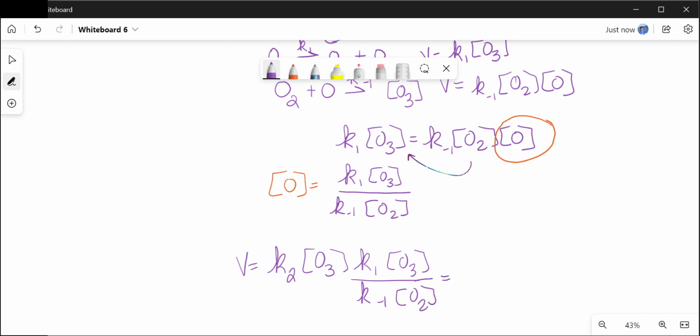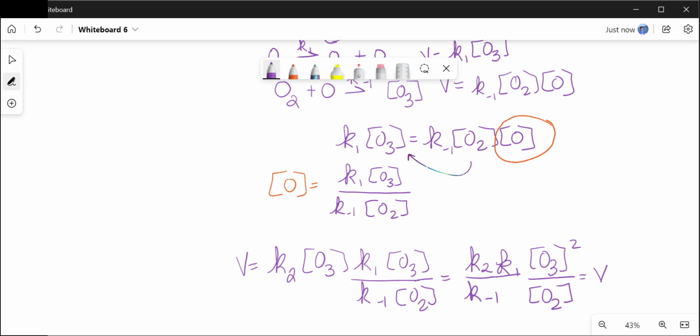Let's do a little combining. I can combine my O3s, which will be O3 squared. So my rate constants will be K1 times K2 over K minus 1, times O3 squared over O2.